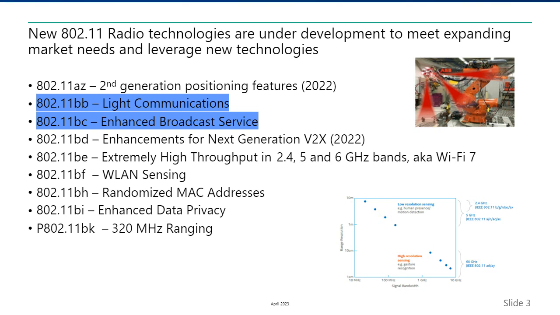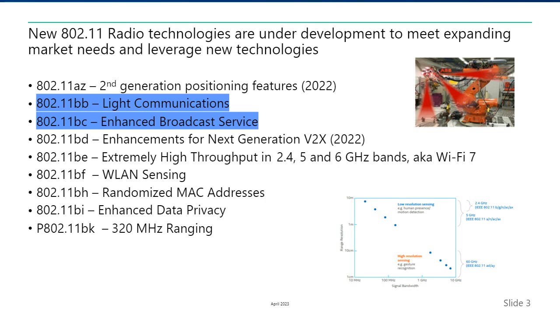11AZ, we just completed that document, just published recently, on next generation positioning features. Now, what is positioning? Positioning and ranging and location determination is becoming more and more important for new applications.